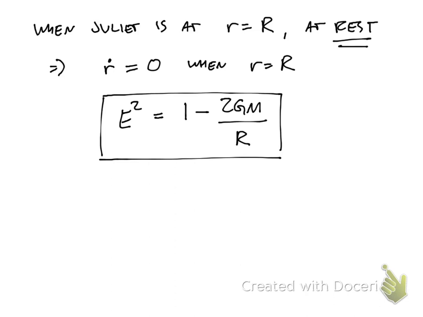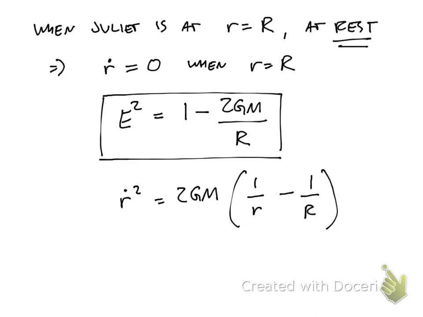Okay, so far so good. Plugging that in, we get the following equation: r dot squared equals 2GM times (1 over little r minus 1 over big R). Now, how do we proceed? Well, remember, when I say r dot, what do I actually mean? I mean r dot is, of course, exactly dr/ds, where s is the proper time along the geodesic.